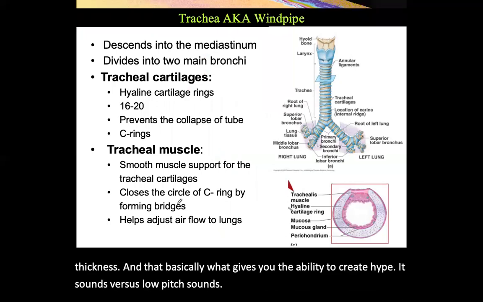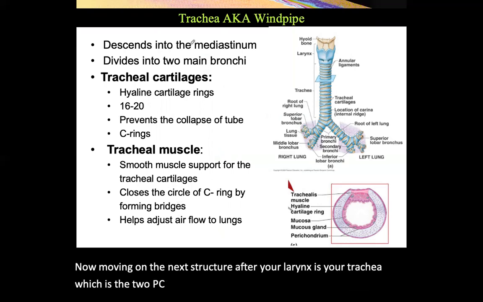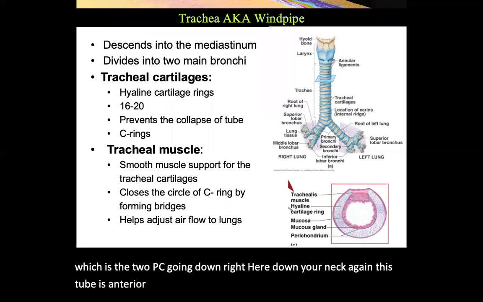Now, moving on, the next structure after your larynx is your trachea, which is the tube you see going down right here, down your neck. Again, this tube is anterior to your esophagus. So the esophagus sits right behind that.